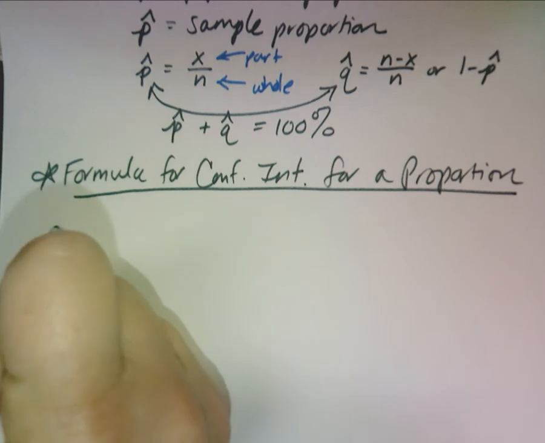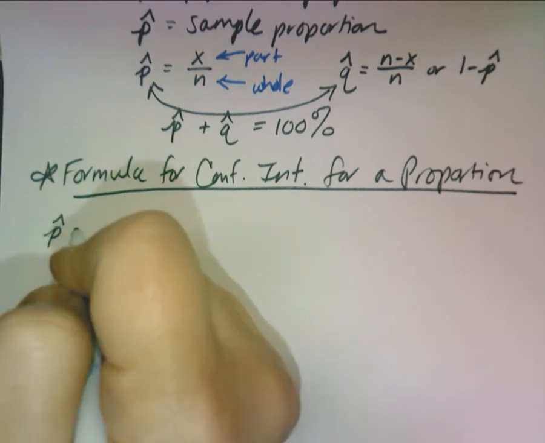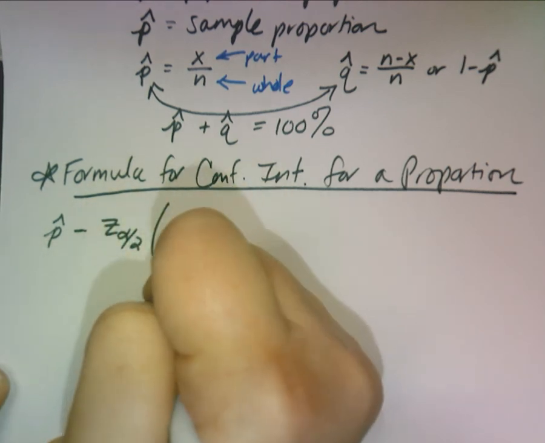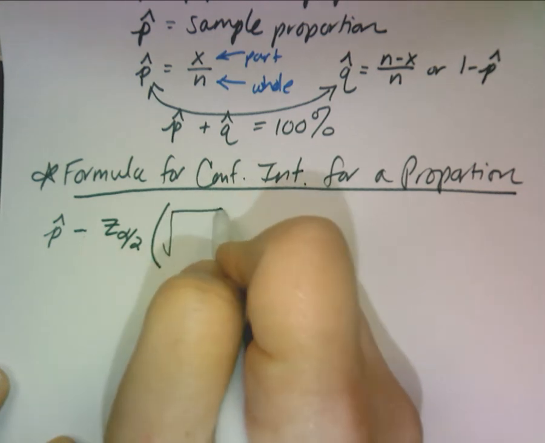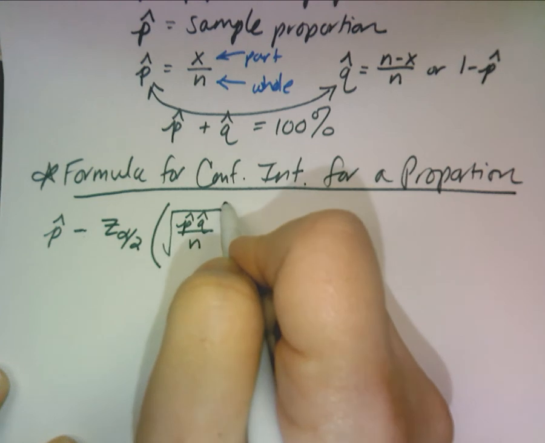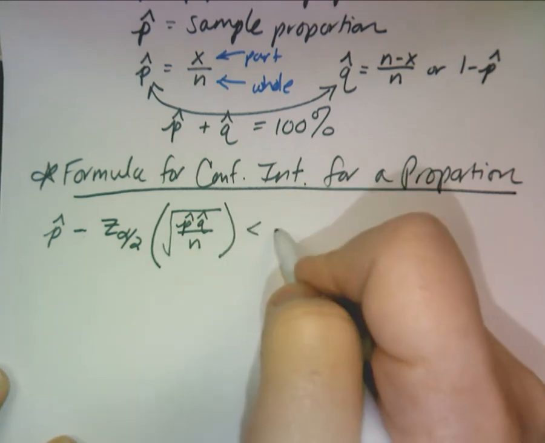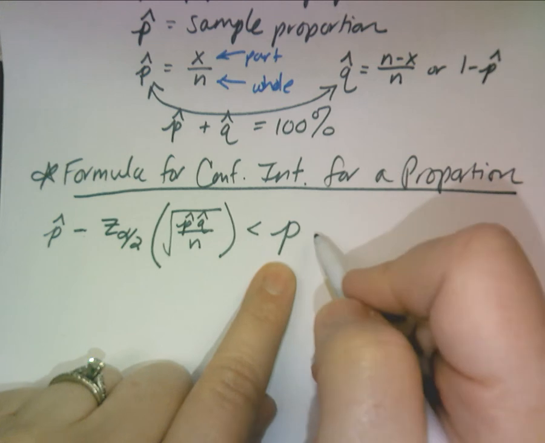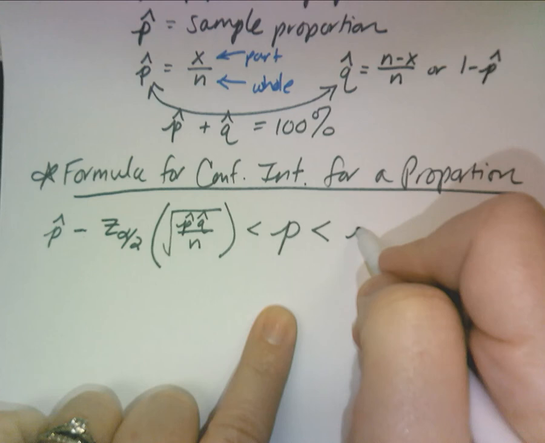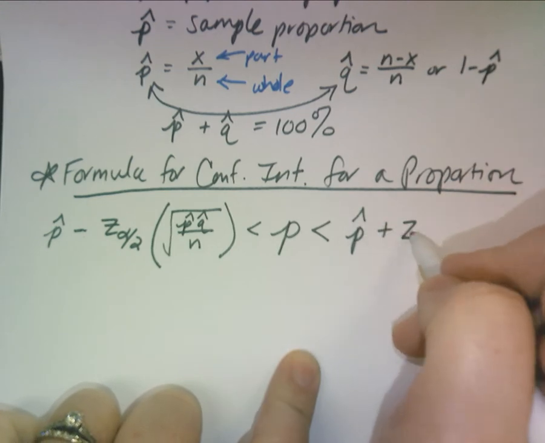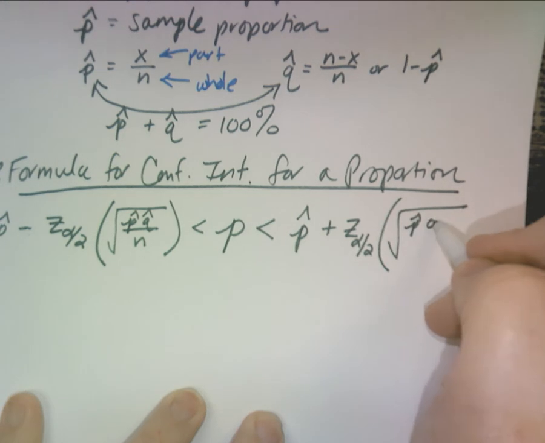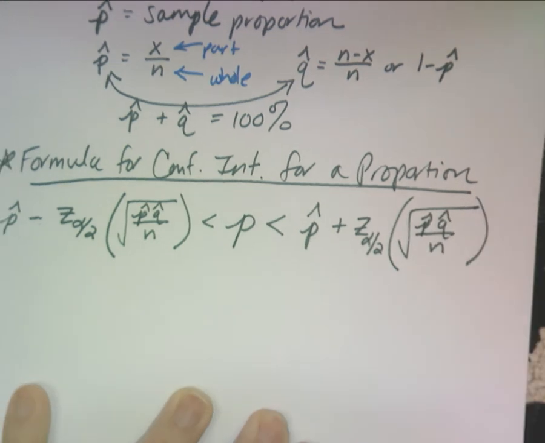It starts off like this: P hat minus Z alpha over 2 times, watch it, the square root of P hat Q hat divided by N, is less than the population proportion, which is less than P hat plus Z alpha over 2 times the square root of P hat Q hat divided by N.